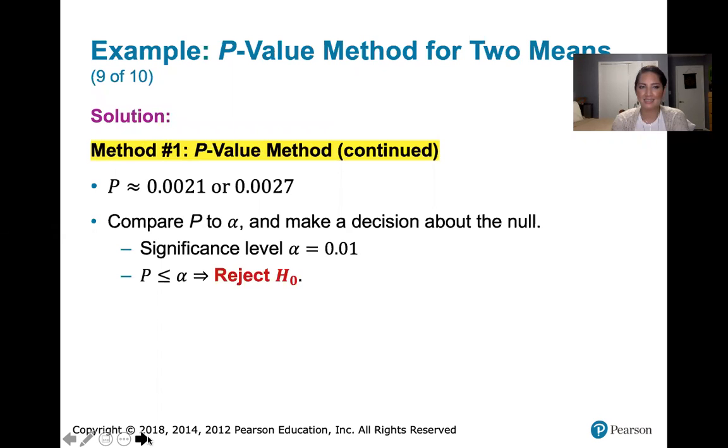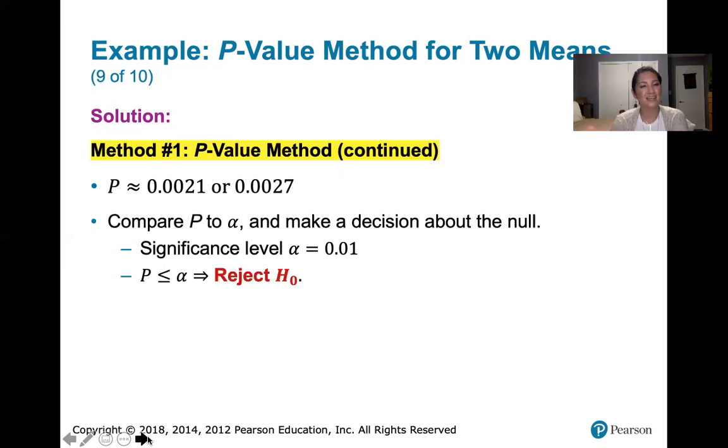So what that's telling us is that the chance of getting a test statistic as extreme as ours or more extreme is very low. And that's the same chance as getting an x bar minus x, or x sub 1 bar minus x sub 2 bar as extreme as ours or more extreme than ours.